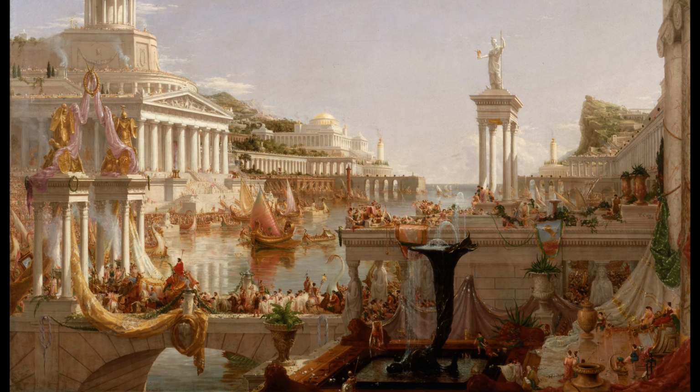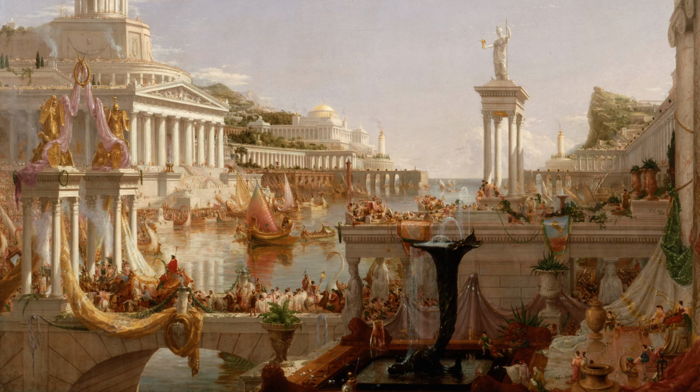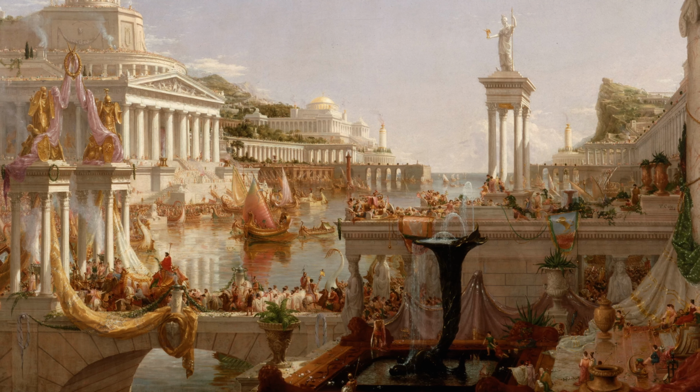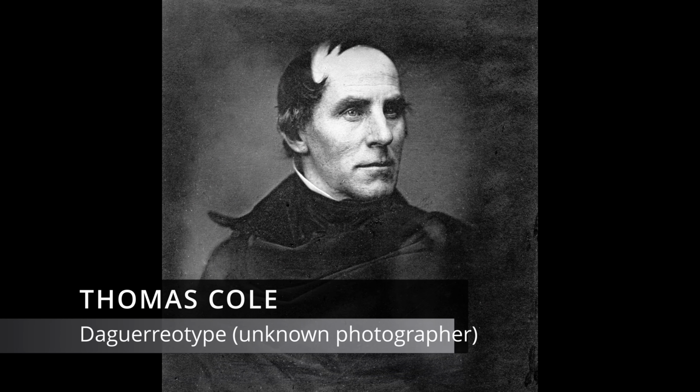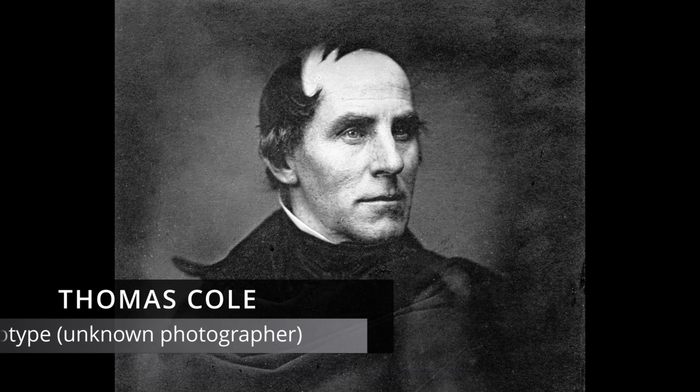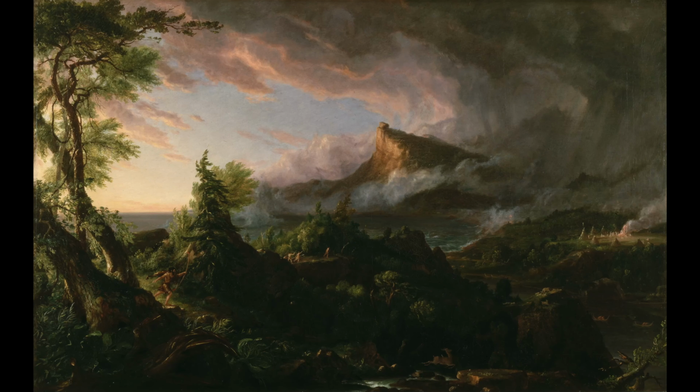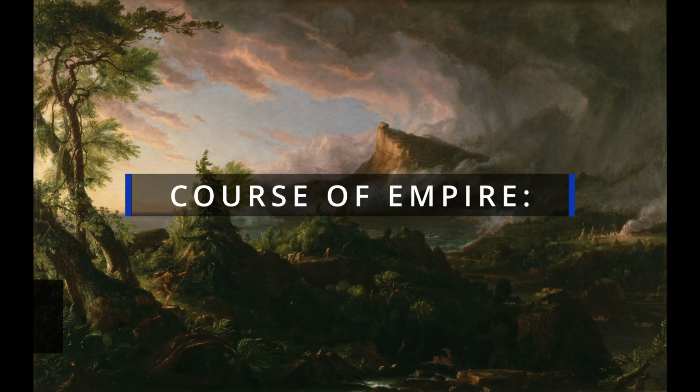A classic positioning of a city that allows for a water supply and for internal and external transportation over river and sea. The 5 paintings are named by the artist as Course of Empire, and then each painting having one of the following additional titles.